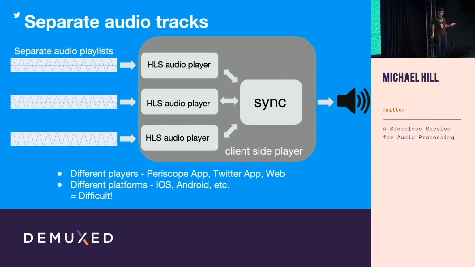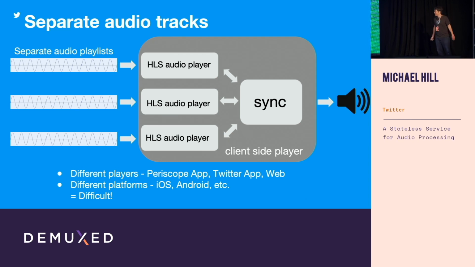Basically we take each individual participant's audio, keep it in a separate HLS audio playlist, and then on the player side, our plain vanilla HLS player would not be able to handle these multiple audio playlists. So we'd want to launch multiple HLS audio players, and they'd be kept in sync by an external sync mechanism, something that's adjusting the timing of each player in real time to try to keep them together. So, doable. This is something we could build.